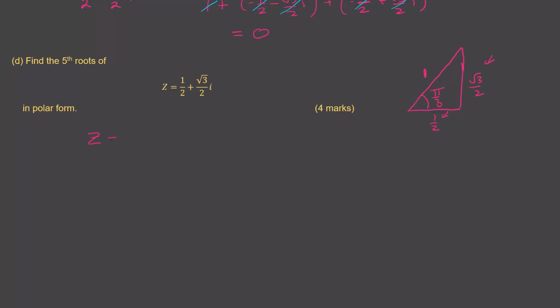Therefore z is going to be cis pi on 3 plus 2n pi, where n is an integer.